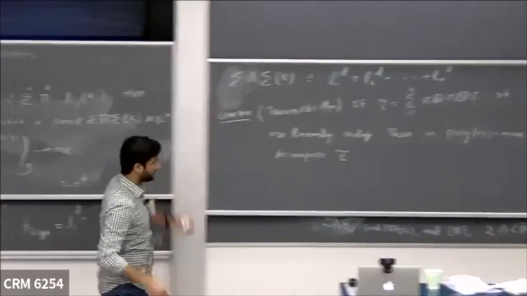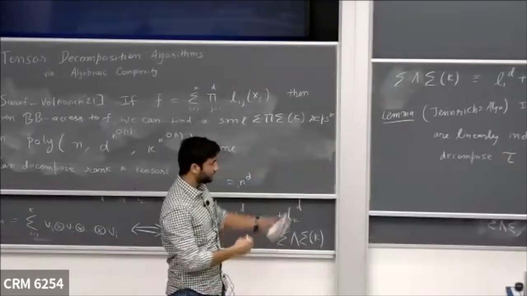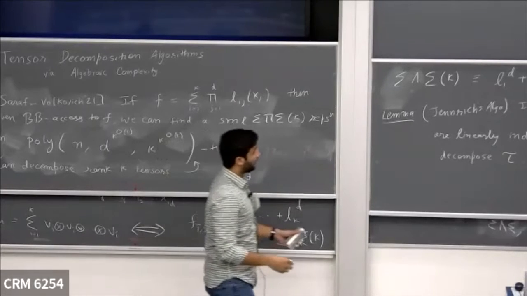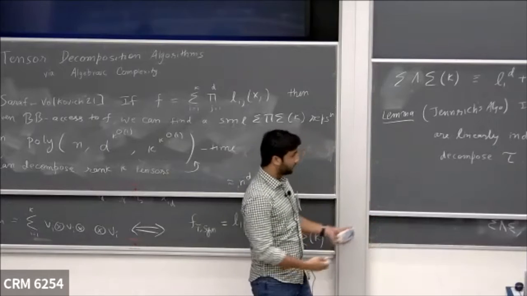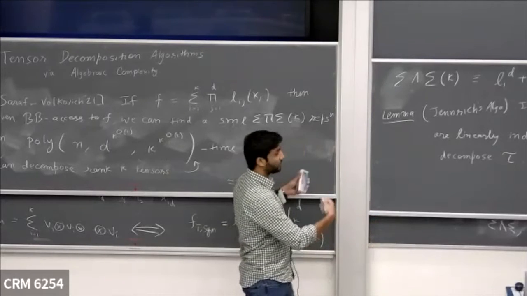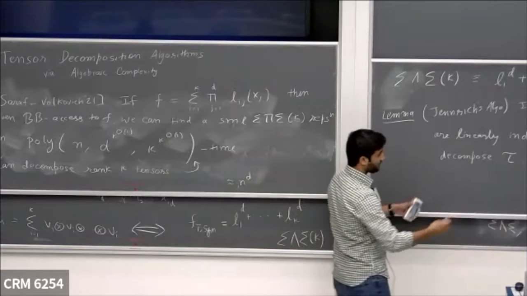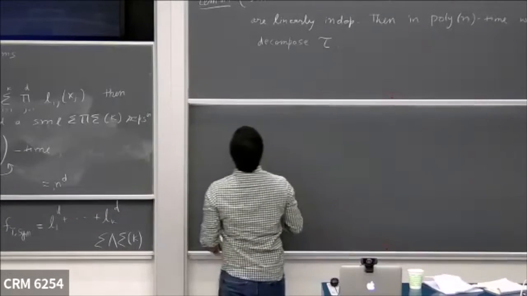So Jennrich's algorithm works in this setting, and you can apply that, but we want to do it using algebraic complexity. So we'll look at f tau, in particular f tau sym, and try to work with that and apply some algebraic tools. So let me review.